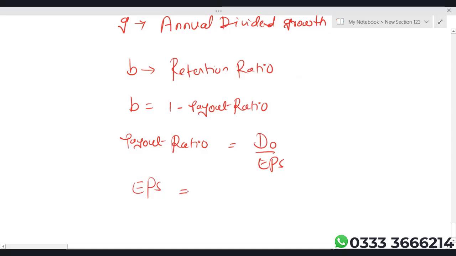In FR, actually, we follow proper IAS 33. But when it comes to FM, even AFM, earning per share is very straightforward. Simply profit after tax divided by total shares. This is how we calculate earning per share, PAT divided by total ordinary shares.